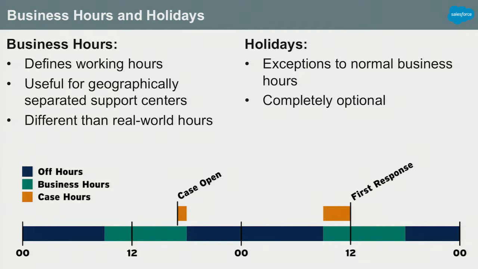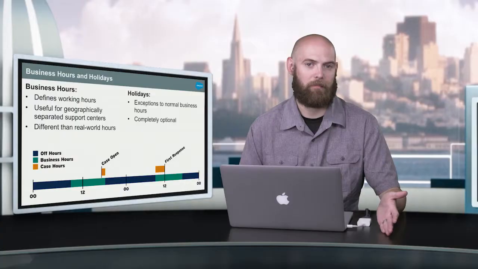So for example, if a case is opened at 5 p.m., the case's response time is 3 or 4 hours. The case's time stops when the business hours of the support center close and then picks back up at 8 a.m. the following day until the 12 o'clock time when we said we're going to give a first response.